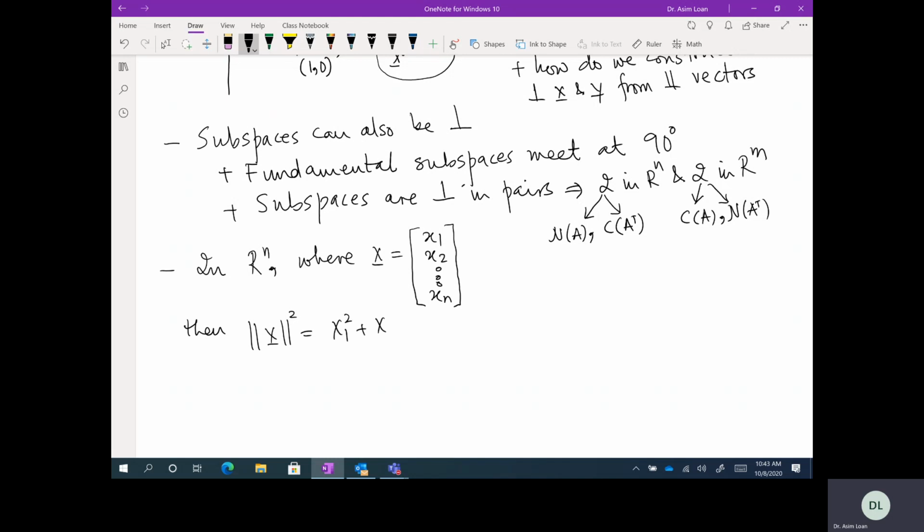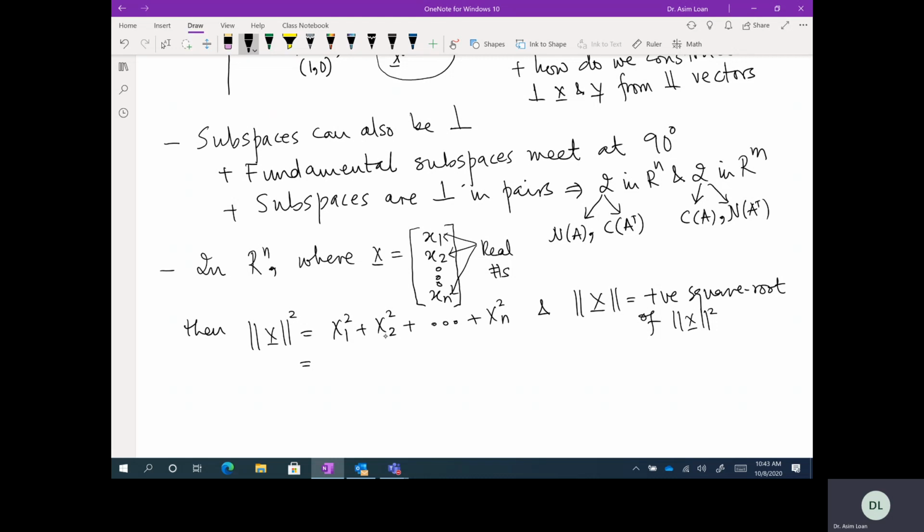x1 squared plus x2 squared plus up to xn squared. Assume these are all real numbers. And the norm of x is simply the positive square root of that, the positive square root of x squared.